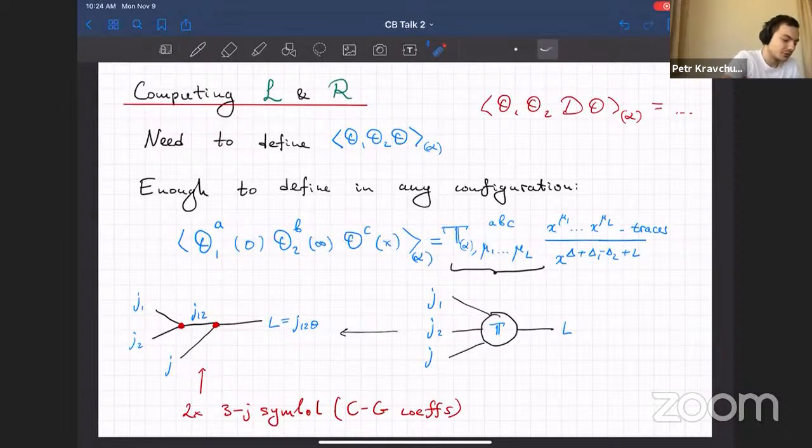In particular, we set O1 to be at the origin and O2 to be at spatial infinity. At the point at infinity, we can work in Euclidean signature. And the operator O, we just put at some position x that we don't specify, because we're going to be applying differential operators to it, so it's easier if we keep it generic.